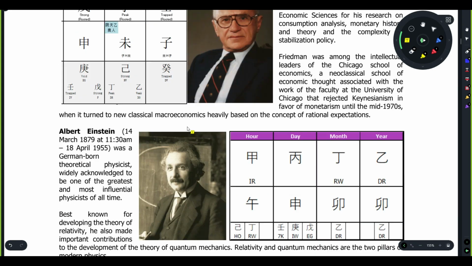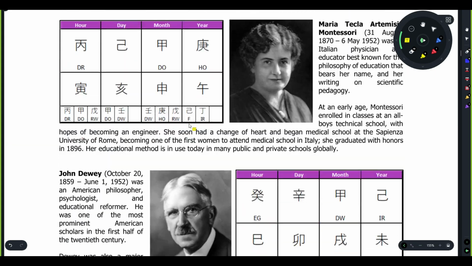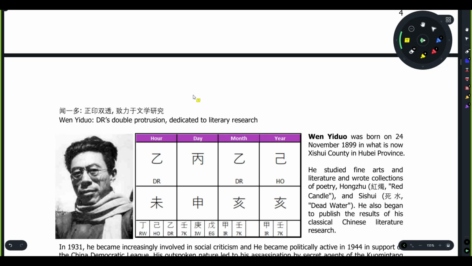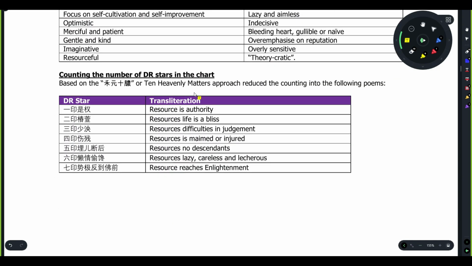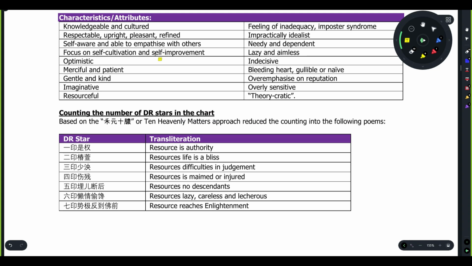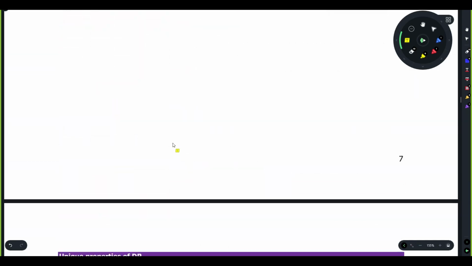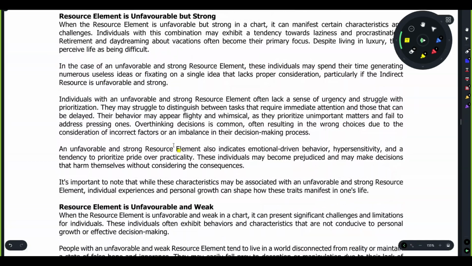We will try to identify where that direct resource is, whether it is protruded, whether it is penetrated, and the like. Let's continue. Again, we don't restrict ourselves solely to counting, but we do consider the number of direct resources, their presence, and how strong they are.